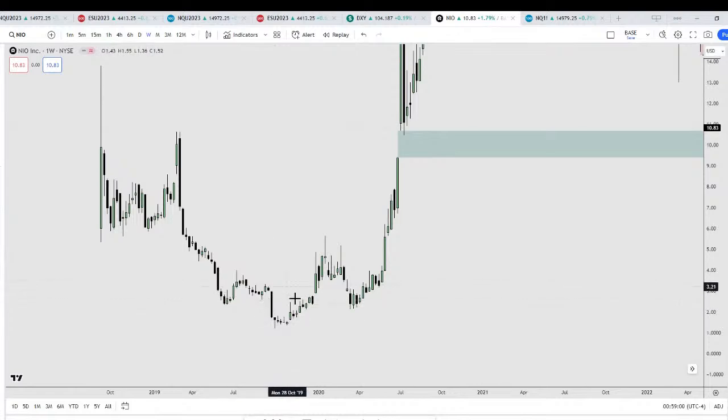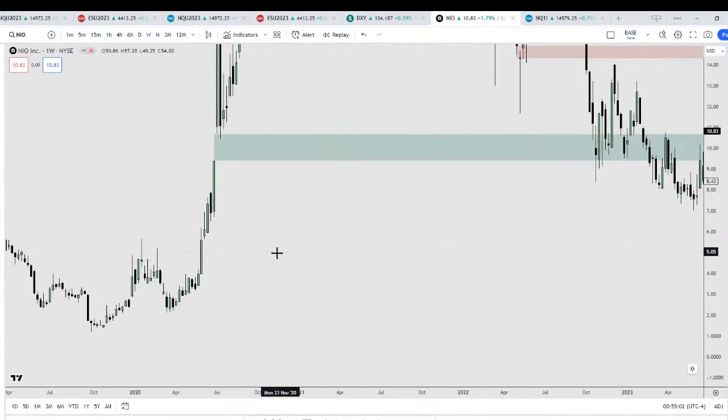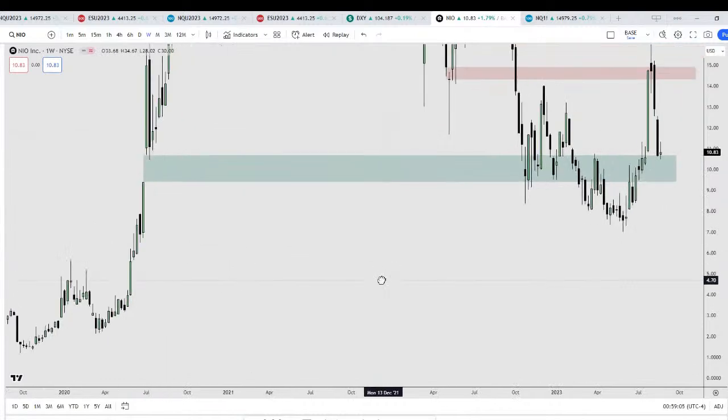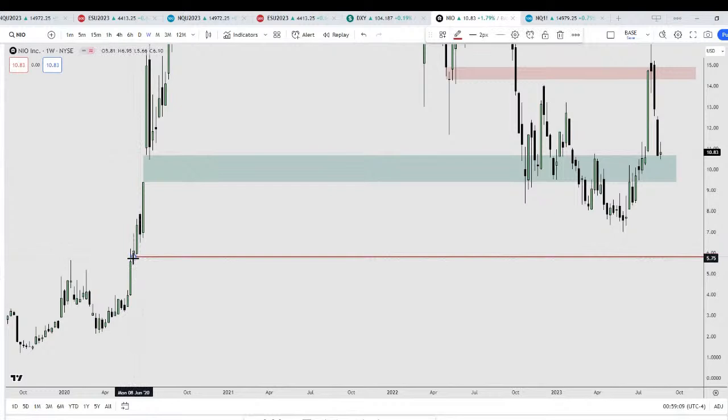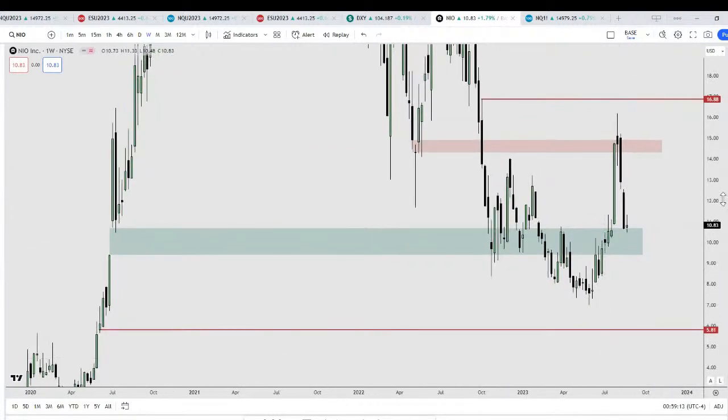No, just too messy down here, but I wouldn't use anything except for this inefficiency for targets. Okay, so I'm just gonna put a horizontal line across and see if we get there when the time comes.